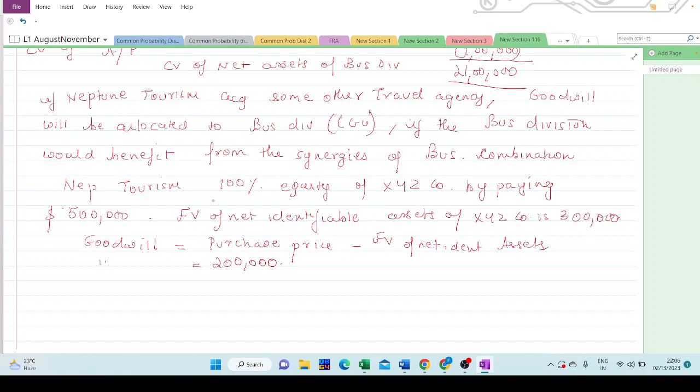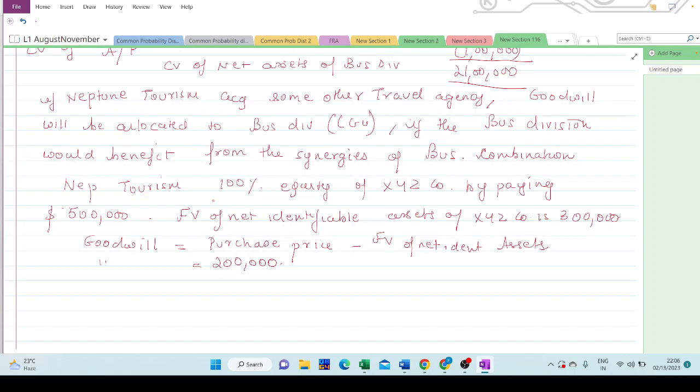Now, Neptune Tourism feels that the bus division is expected to benefit more from this business combination. Basically, Neptune Tourism feels that the bus division's revenues would increase, and its expenses would decrease because of this business combination.